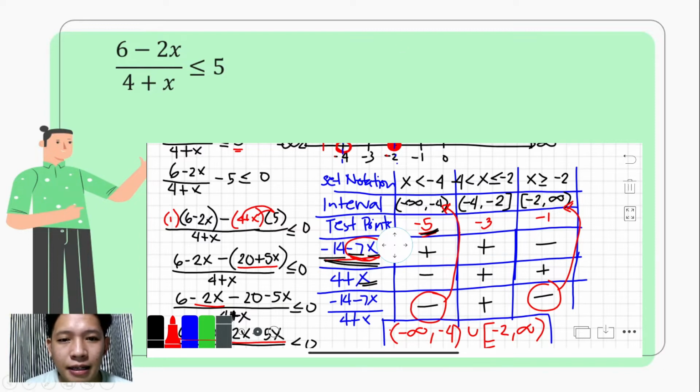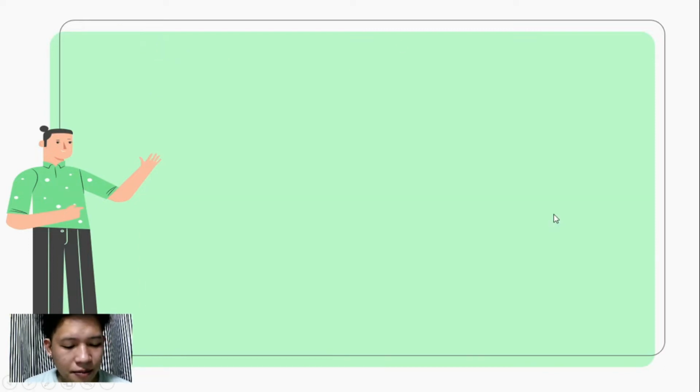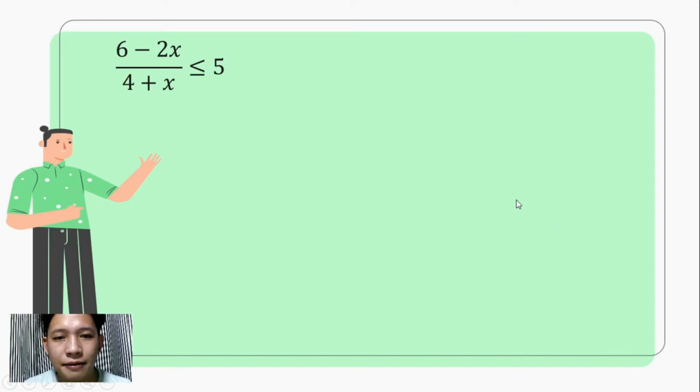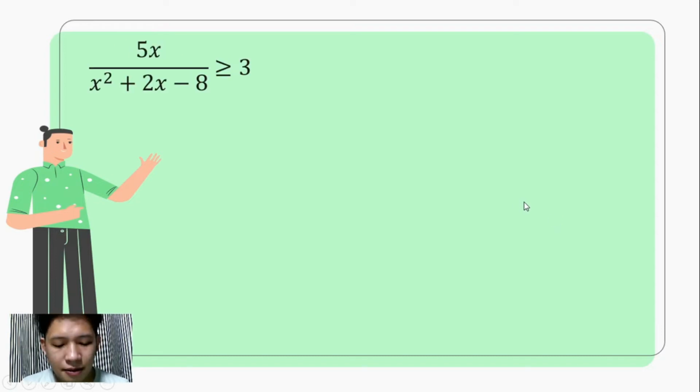And for our next example, we have here 5x over x squared plus 2x minus 8 is greater than or equal to 3. So medyo pahirap na ng pahirap yung ating example, but it would be a great help for you to better understand the lesson.